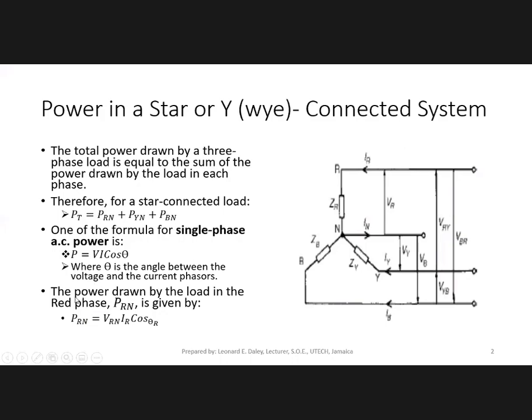So if we were to look at the power in one phase using the VI cos theta, it would be the voltage across that phase, VR or VRN, the current through that phase, IR, and then the cosine of that phasor difference between those two phasors. That angular difference.